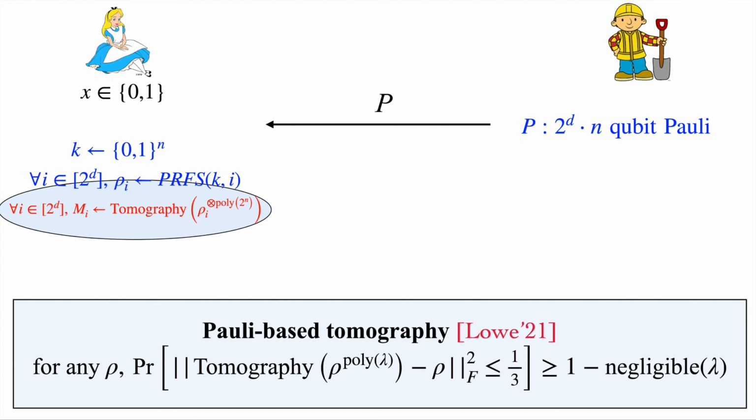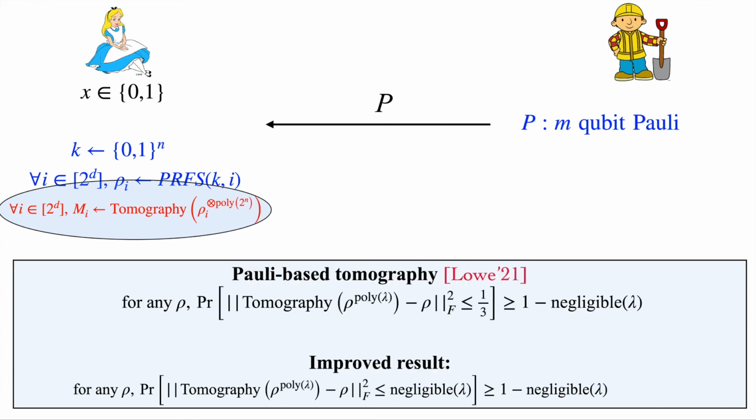It turns out that this is not quite what we want. We want the 1/3 to be negligible in order to prove the correctness of the commitment scheme, so we improve this tomography procedure to replace 1/3 with negligible, and then the correctness of the commitment scheme will follow.